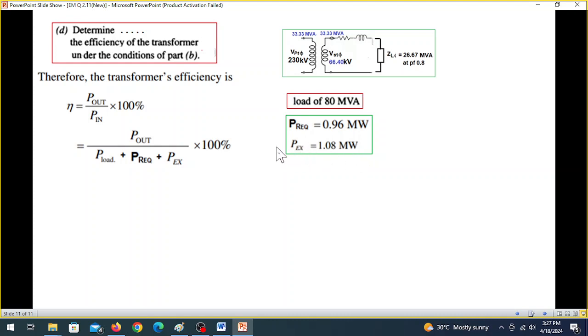This is not for the reactance, this is for the parallel branch, which we had calculated. So P load is 80, and in the denominator 80 plus 0.96 from here and 1.08, and dividing, the efficiency is 97.5%.